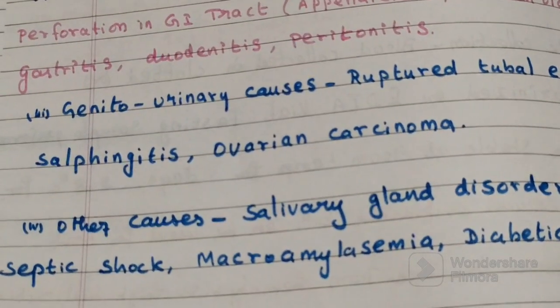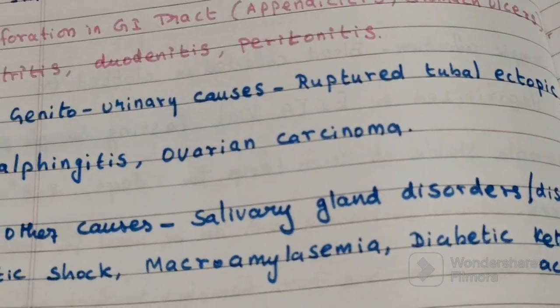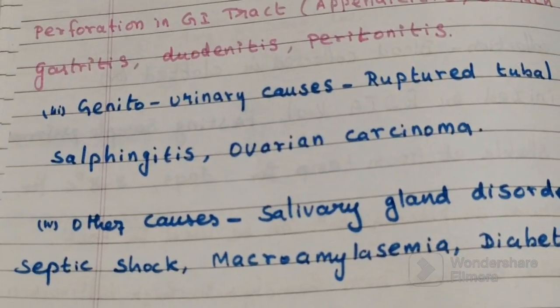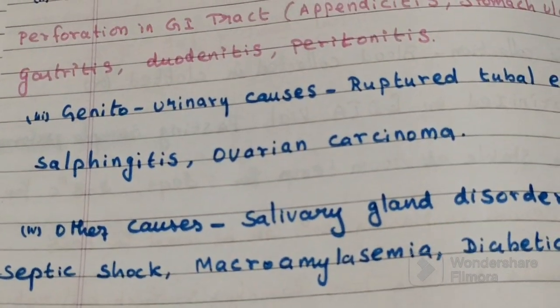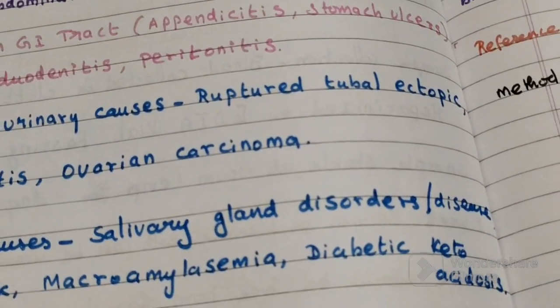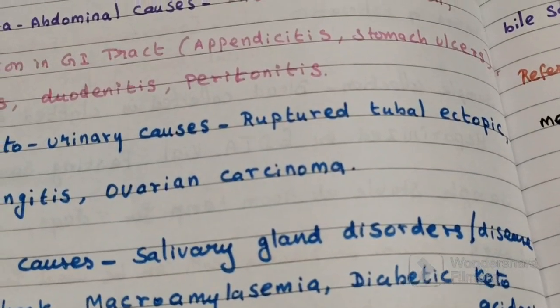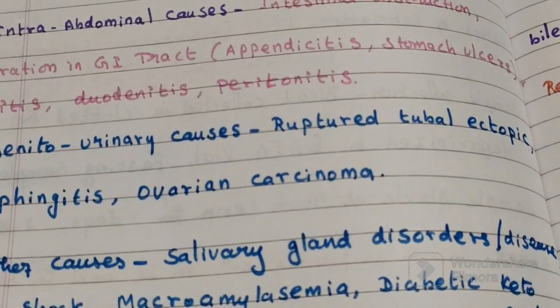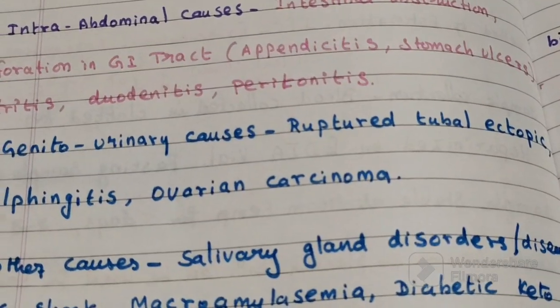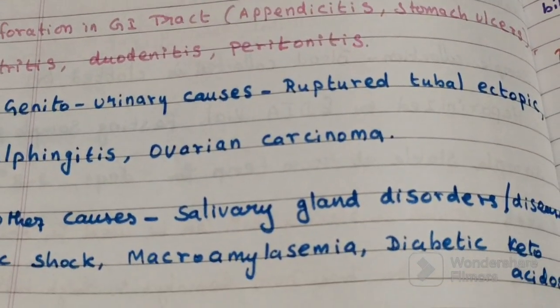Other causes: salivary gland diseases, septic shock, macroamylasemia, then diabetic ketoacidosis. In the macroamylasemia condition, immunoglobulin binds with amylase, IgG and IgM.